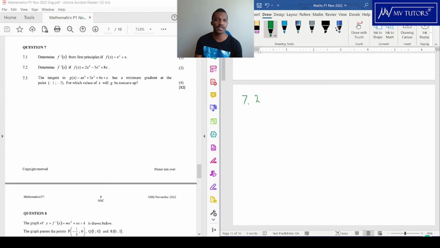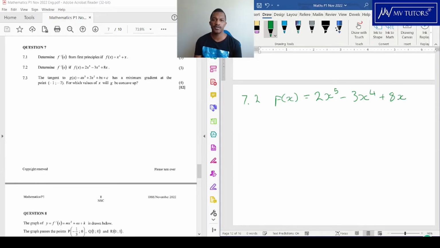7.2. It says find the derivative of that. So we've got f of x is equal to 2x to the power, what number is that? That's 5, minus 3x to the power 4 plus 8x.